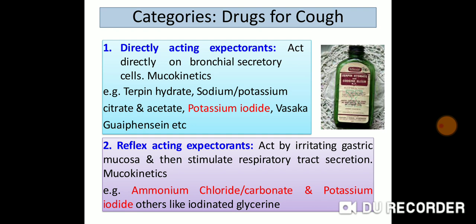This is also mucokinetic. Examples: ammonium chloride or ammonium carbonate and potassium iodide. Others like iodinated glycerol.